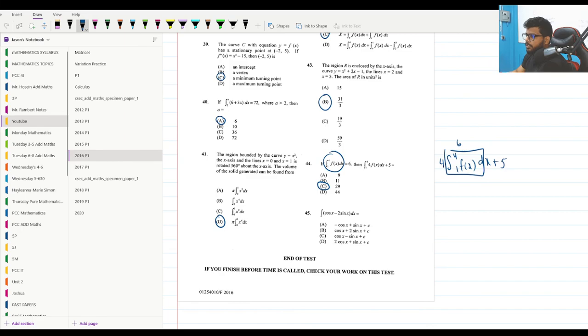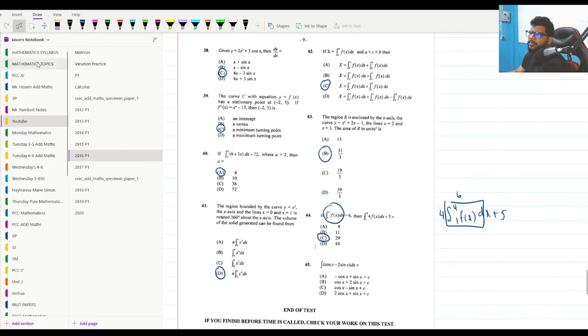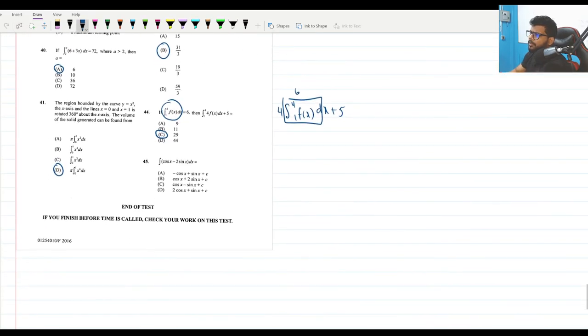And the integral of cos x minus 2 sin x. So they changed up 45 as well. All's well and fine. So y is cos x, dy/dx is minus sin x, so the integral of sine is minus cos. y is sin x, dy/dx is cos x, so the integral of cos is sine.